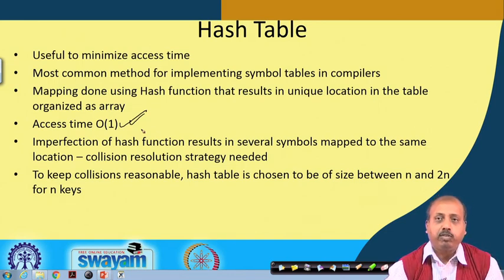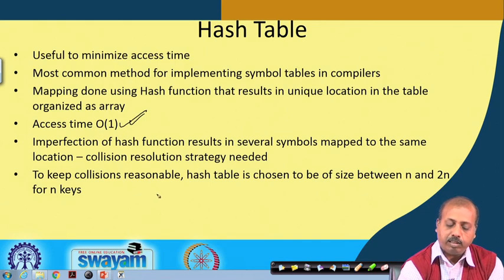Now, how to convert this character string to a number? There can be several strategies for that. A very simple strategy may be like this: if I have a string like a b x y, then we take the corresponding ASCII values of a, b, x and y.